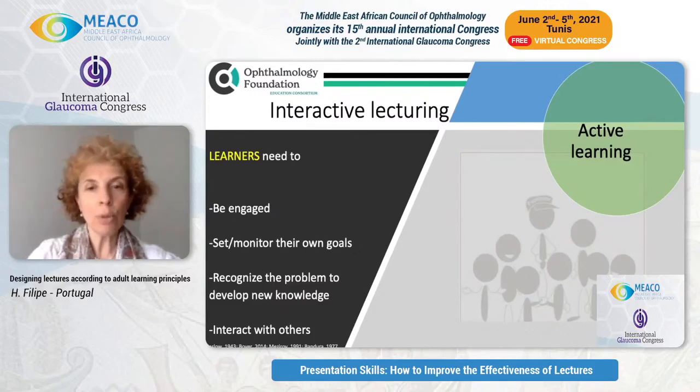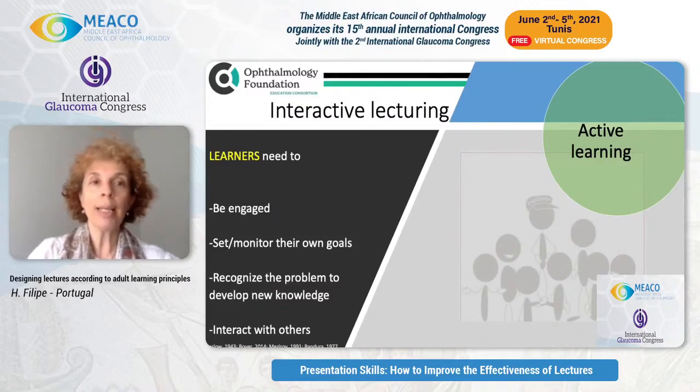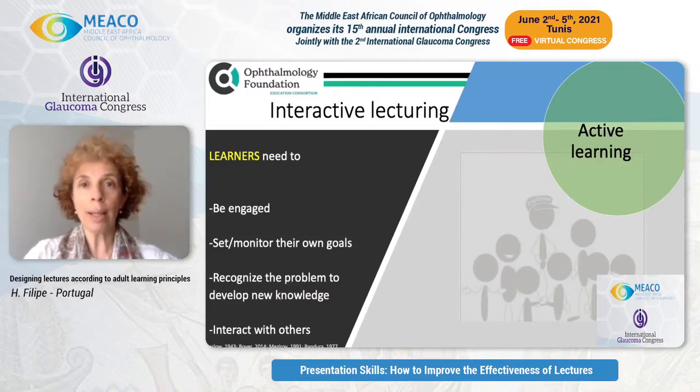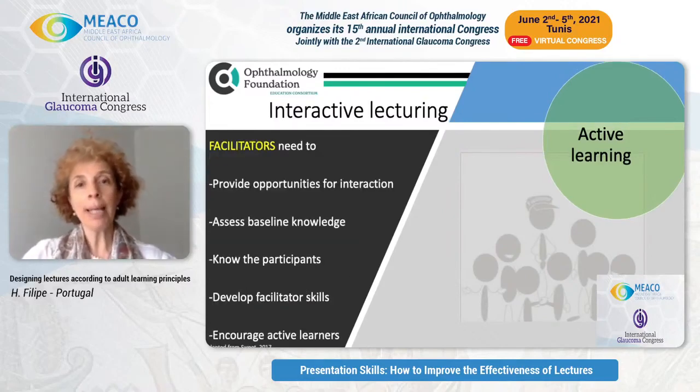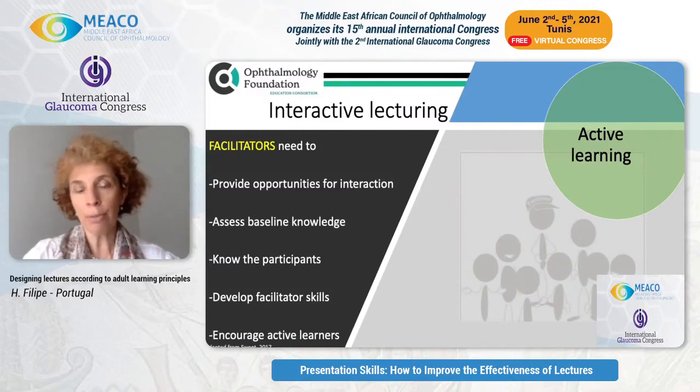And finally, social learning theories are also useful when considering interactive lecturing because learners need to interact with others to improve their learning. Speaking about educators, they need to be more than teachers, facilitators, more than sages, guides. So they need to develop facilitator skills to enable active learning and engage learners as active participants in their own learning.